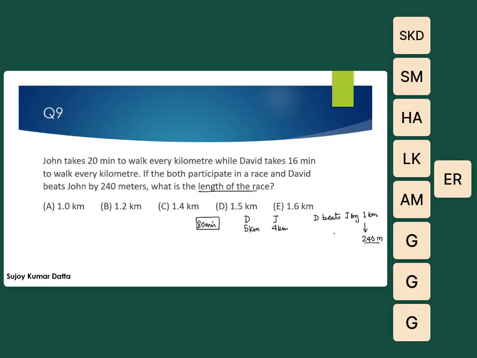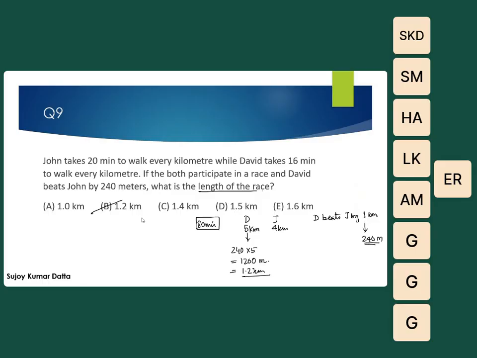So if this 1 kilometer has to become 240 meters, 5 will become how much? That's the question. So 5 times 240, that would be 1200 meters. So convert it to kilometers: 1.2 kilometers. Yes, second option. Sorry for that. I misread the question.